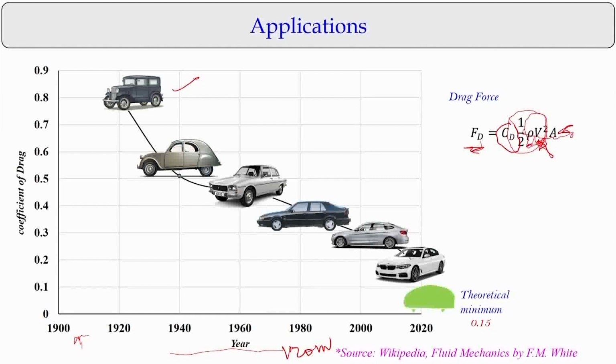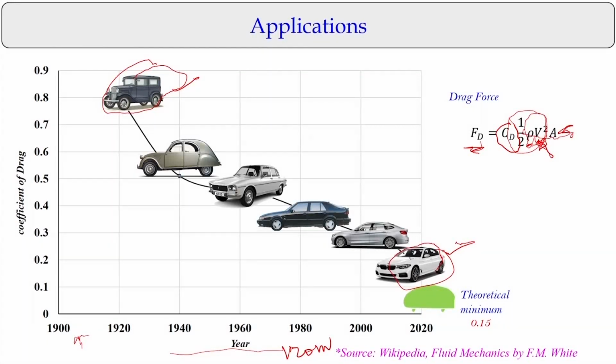And if you look at the shape of the cars we have today, if you move with a design speed, we will have a drag coefficient close to 0.15. This is a strength of fluid mechanics, which evolved the automobile sector with very efficient cars available today, with the coefficient of drag CD going from 0.8 to 0.15.